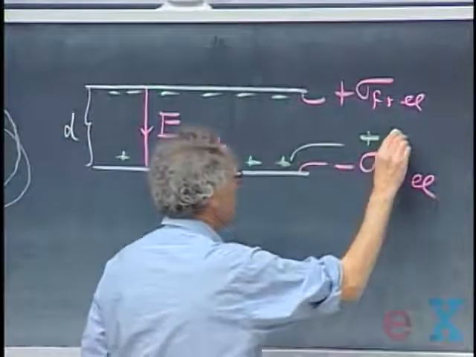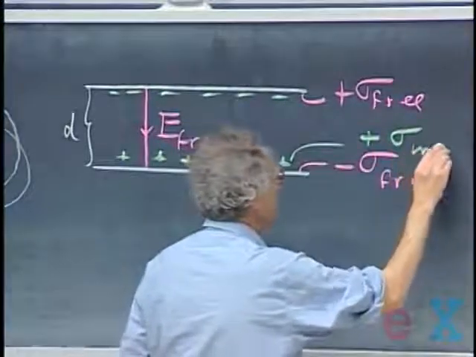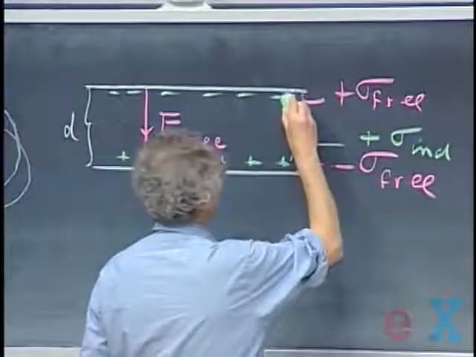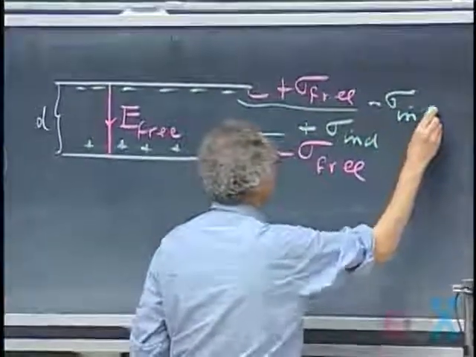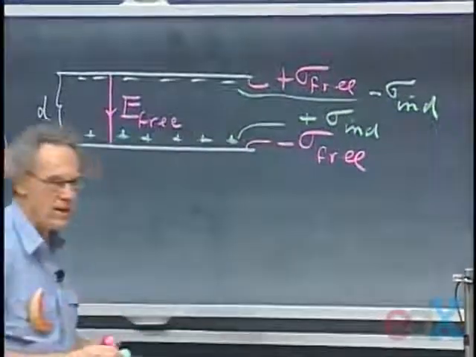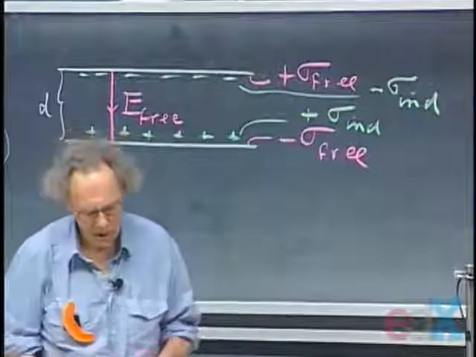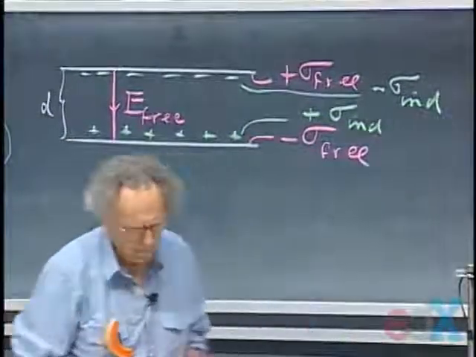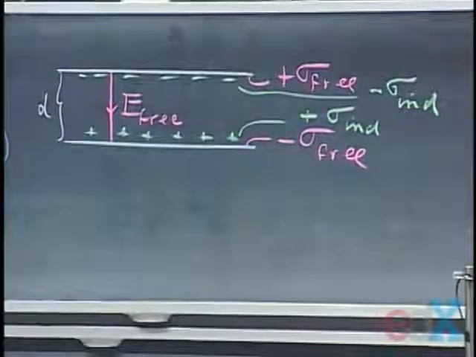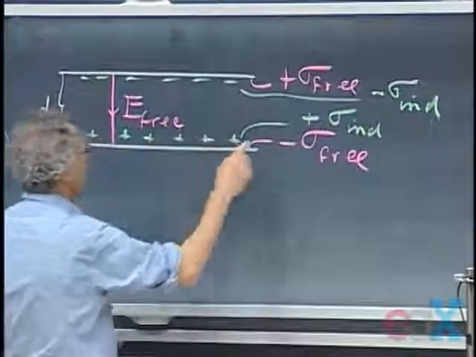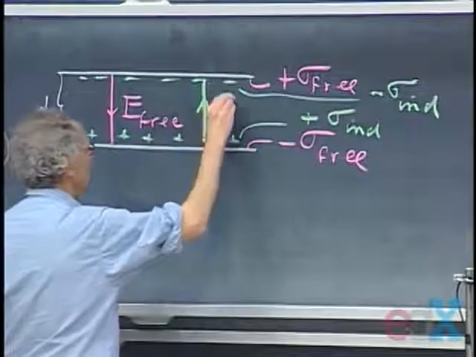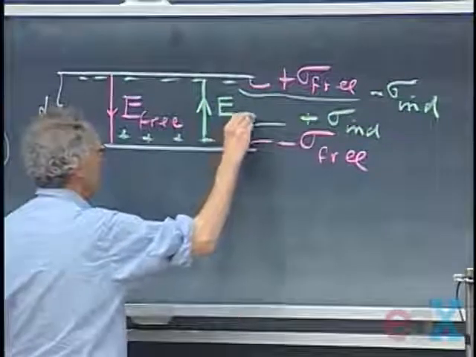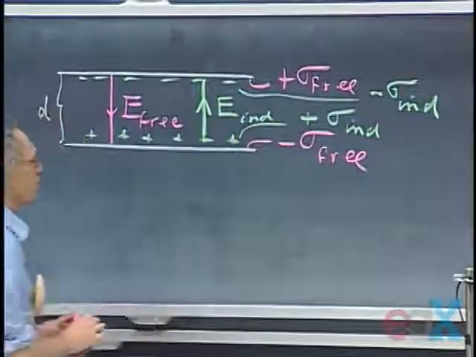I called it plus sigma induced, and I call this minus sigma induced. And the only reason why I call the other free is to distinguish them from the induced charge. This induced charge, which I have in green, will produce an electric field which is in the opposite direction, and I call that E induced.